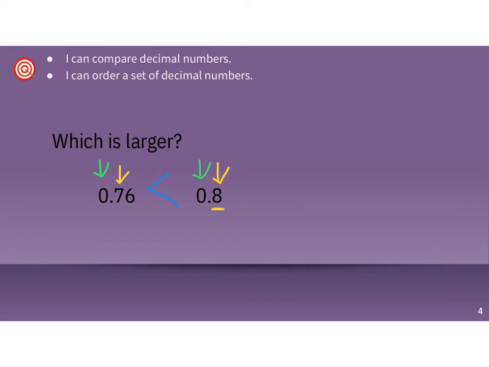Just for clarification, I could also think about the hundredths. Since I don't have a digit in the hundredths place in 0 and 8/10, that is equivalent to 0 and 80 hundredths. 8/10 is equivalent to 80 hundredths if I put my 0 placeholder in there. Or even if I think about these as a fraction, 76 hundredths versus 80 hundredths, I know that 80 hundredths is going to be larger.